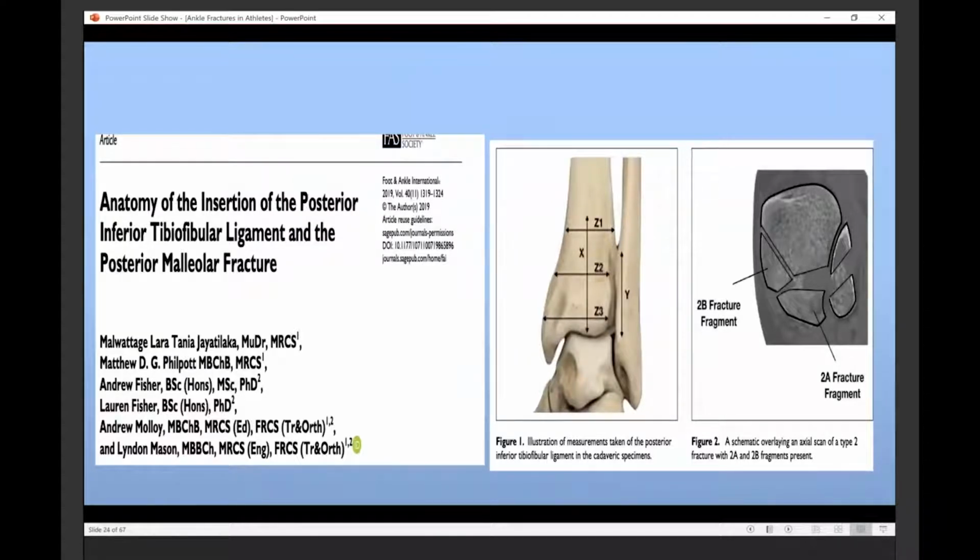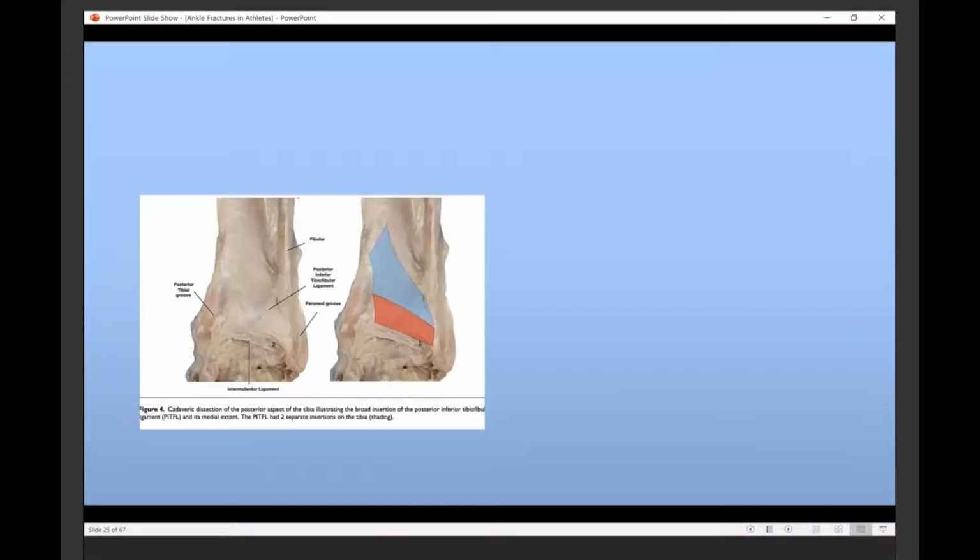The other one was about the size of the posterior inferior tib-fib ligament, and they matched them to their fractures, and they felt that the ligament is so big that if you're getting syndesmotic instability, it's rare to get instability just from the fracture site, and you probably have a ligament tear too. If you look on the slide, the blue and red are the size of the ligament. Most of the fractures don't go up that high, so you'll get a fracture, but you also get a tear of the ligaments as well.